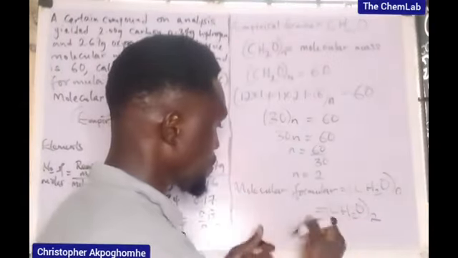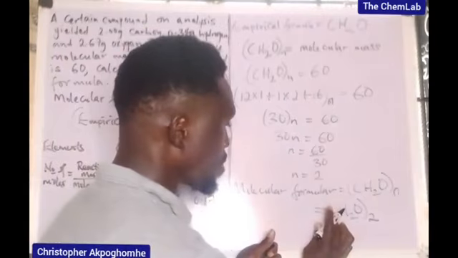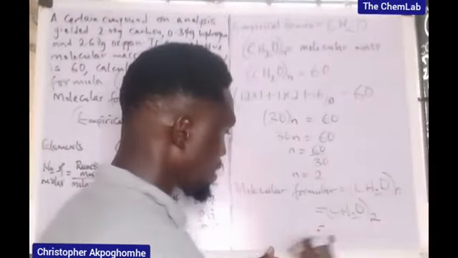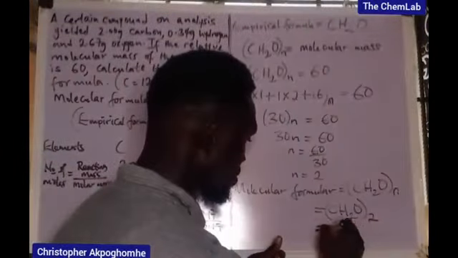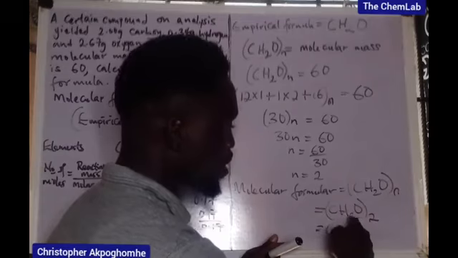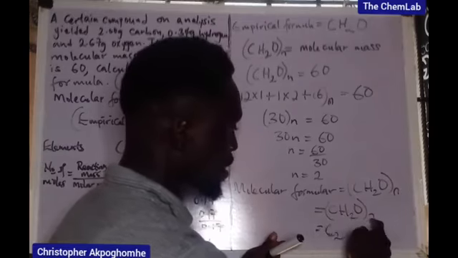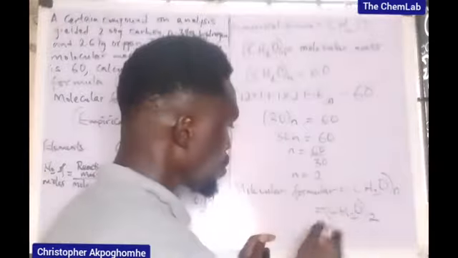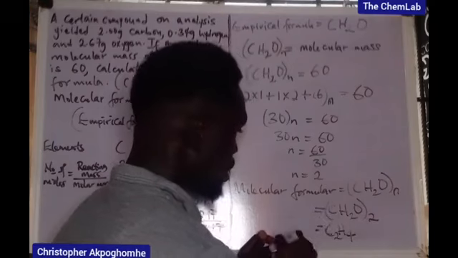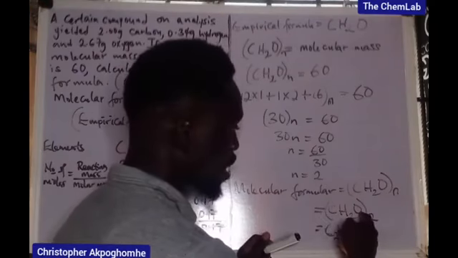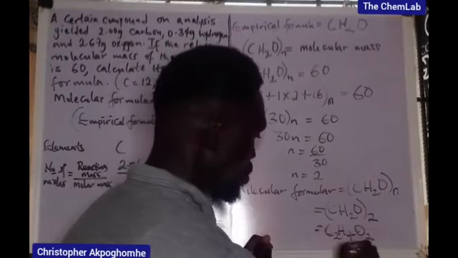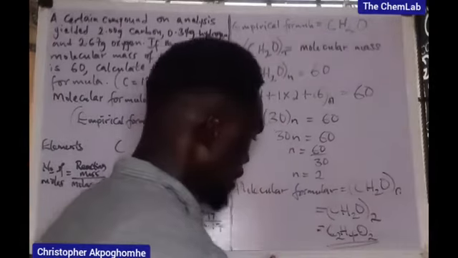So we have 2. The number of atoms in C is 1. So 1 times 2 is 2, right? So we have C subscript 2. Now, the number of atoms of hydrogen is 2. So this 2 out here times this 2 gives us 4. So H4. Then the number of atoms of oxygen here is 1. 1 times this 2 will give us O2. Now, this is the molecular formula.